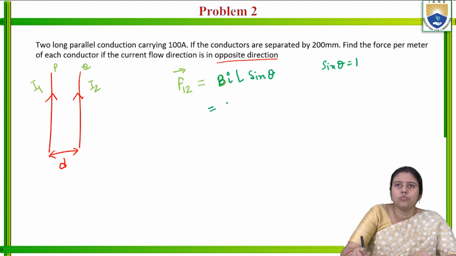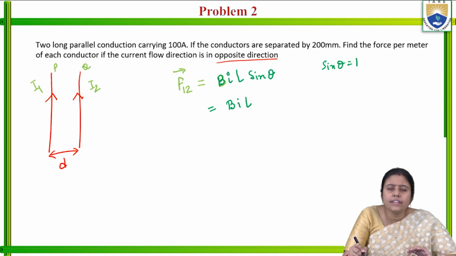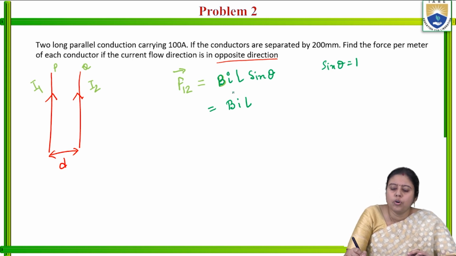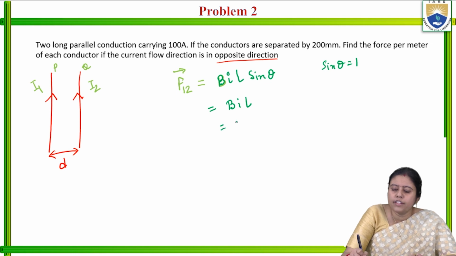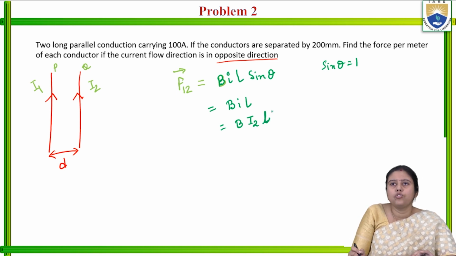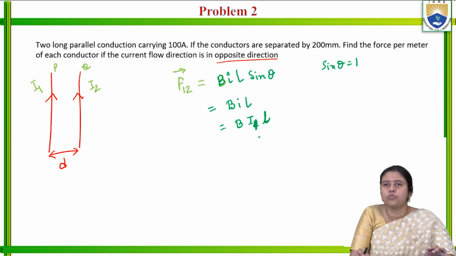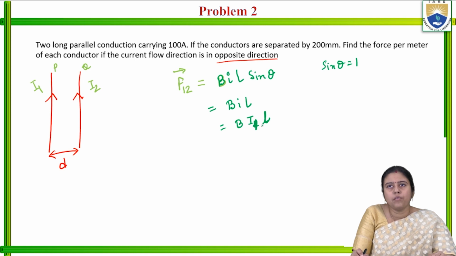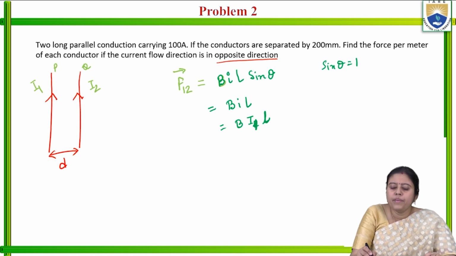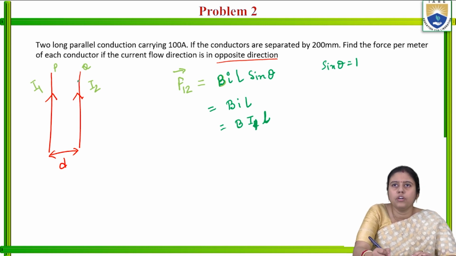So F12 is equal to BIL. Now, BI1 L. We are calculating the force on I1 due to I2. So BI1 L, where B is due to the I2 current.